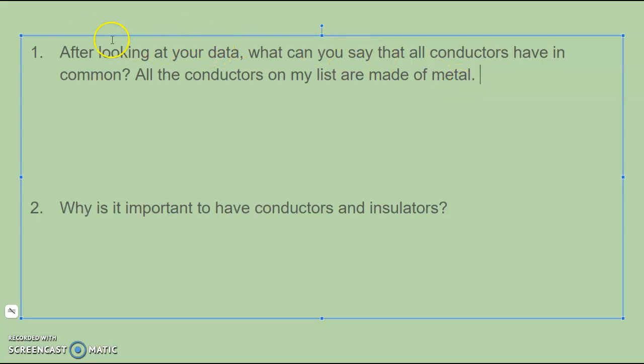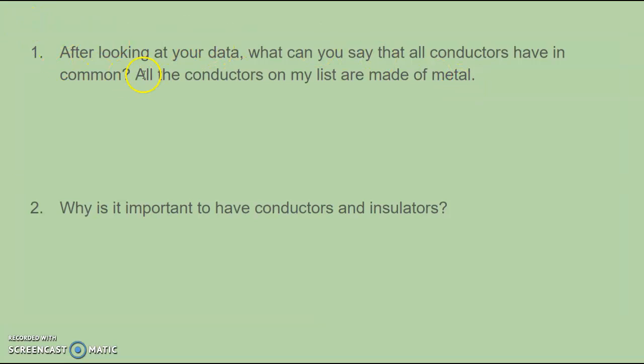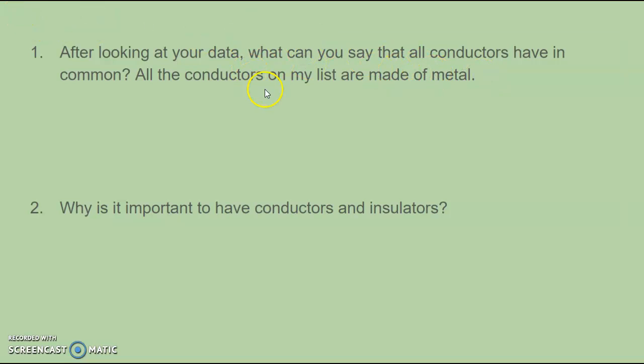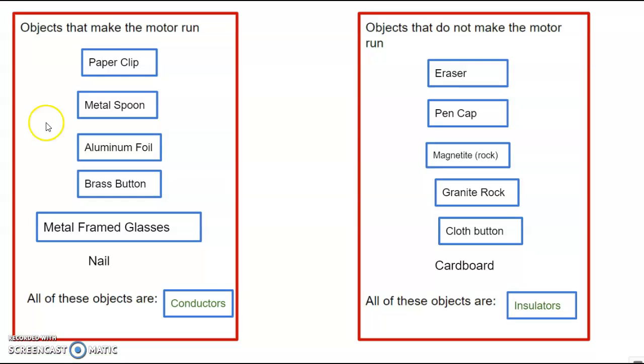And just about every metal, I believe, is a conductor. Another conductor of electricity that's not metal is water. I'm sure there are maybe some others, but I can't think of them right now. But just from your list, you can tell that these are all made of metal: paper clip, metal spoon, aluminum foil, brass, metal frame glasses, and then of course the nail.